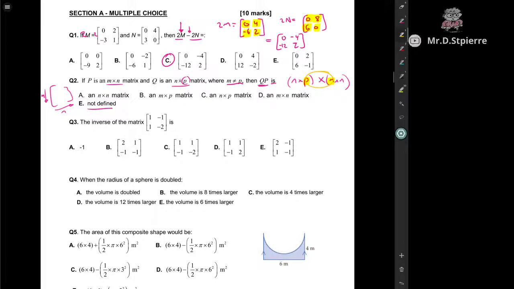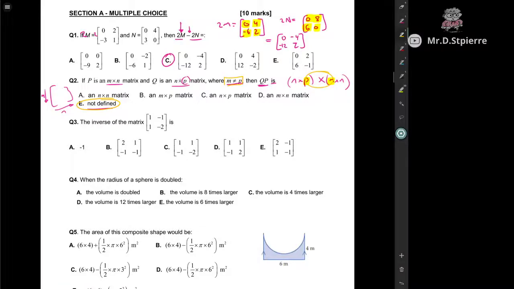That'll tell us if we can actually do this matrix multiplication. In this case, we have a P and an M, and we're explicitly told P and M are not equal. These two numbers are not the same, therefore this is actually not defined.